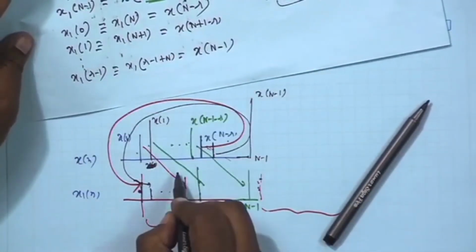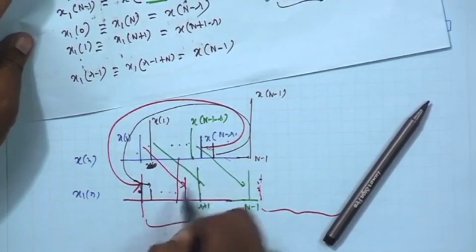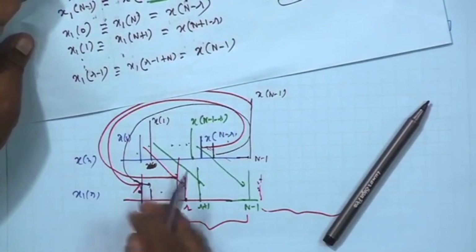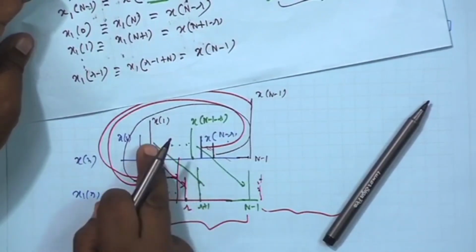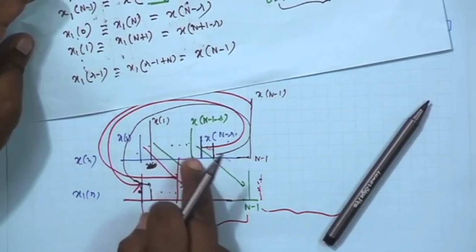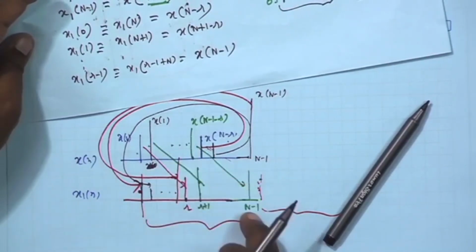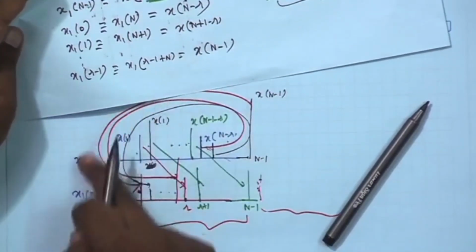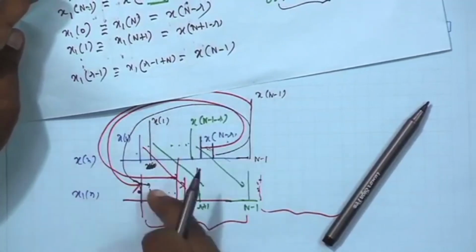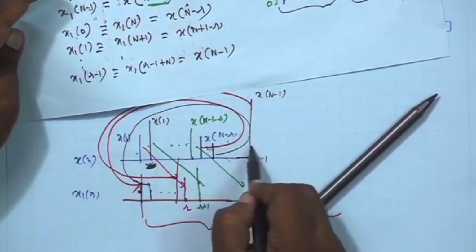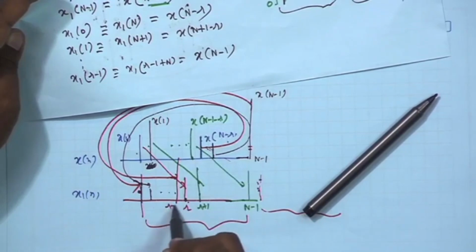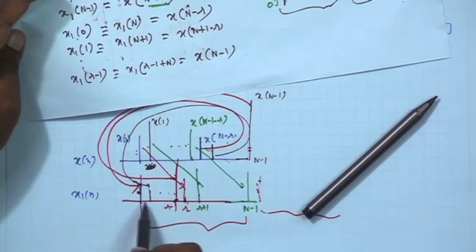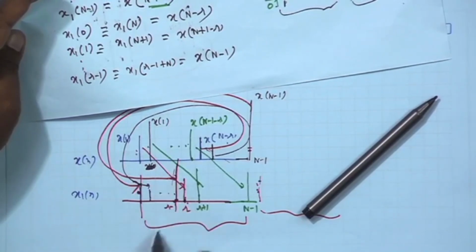So, x 0 shifted by r, x 1 shifted by r to the right, dot dot dot, this shifted by r and it goes to the last point capital N minus 1. Next guy will be shifted back to the 0th point, next will be the first point, next will be the second point, dot dot dot, last guy will come to r minus 1th, because x 0 came to rth. So, I can go only up to the guy before this, r minus 1th.